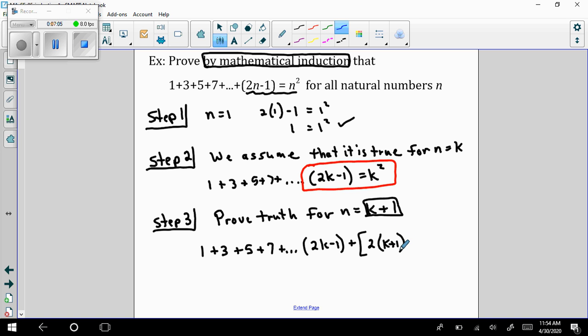Tried to change colors and it didn't work. And on the other side, my k is going to become k plus 1 squared. I changed my colors for you here. It's not working today. Okay, so right here is where I changed my original n to k plus 1. This is my original statement right here.